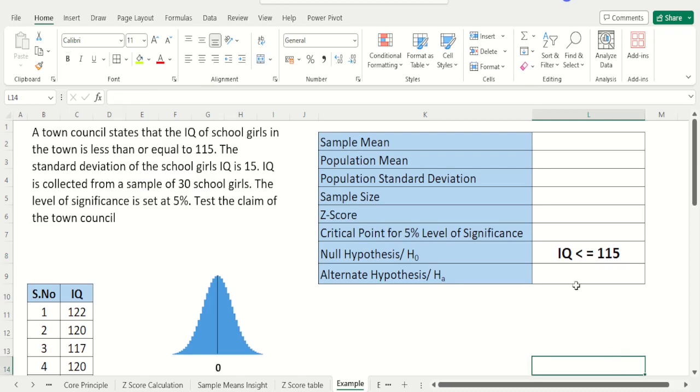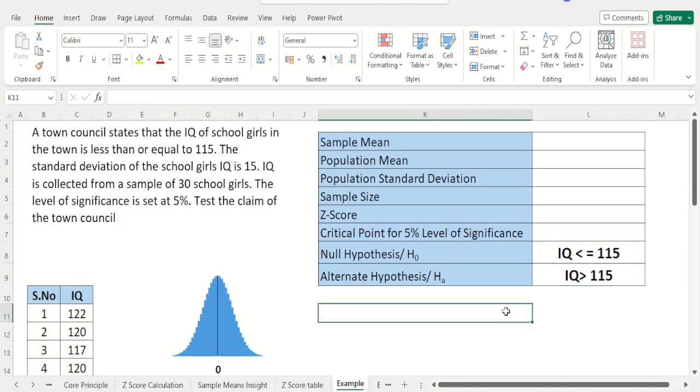Okay, what will be the alternate hypothesis? The alternate hypothesis will then be that the IQ is greater than 115, right? This is the alternate hypothesis. Okay, so let's begin with this.